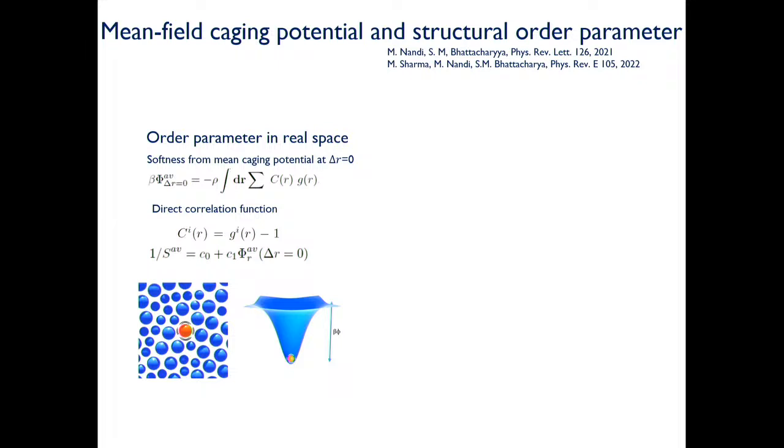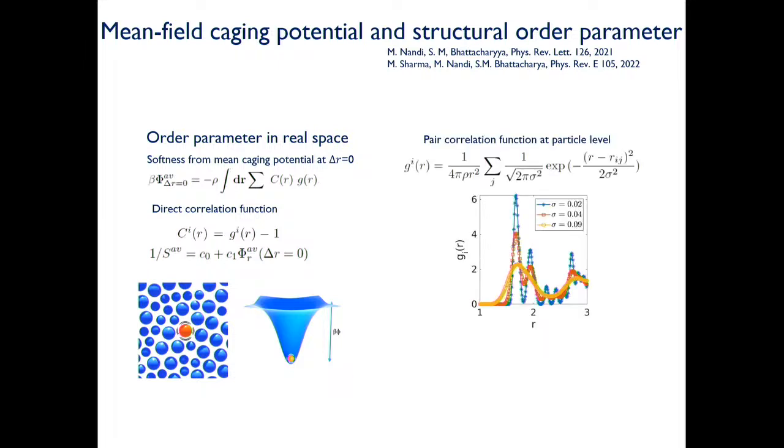Based on g(r), we can find out the stiffness, or the inverse of the stiffness, which is the softness, for our system on a particle level. Since g(r) can be evaluated on a particle level, we can also compute the softness on a particle level. The bare g(r) has a lot of fluctuations, so we do mollification using this kind of function, and depending on this sigma you mollify at different levels.